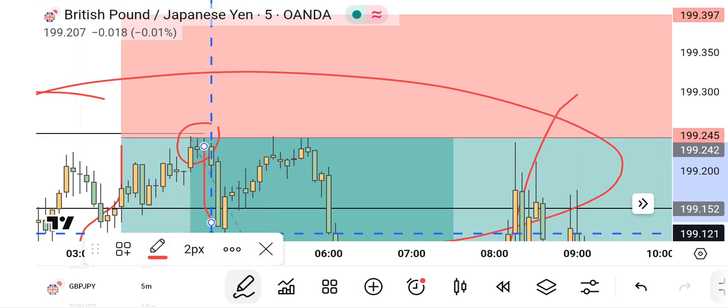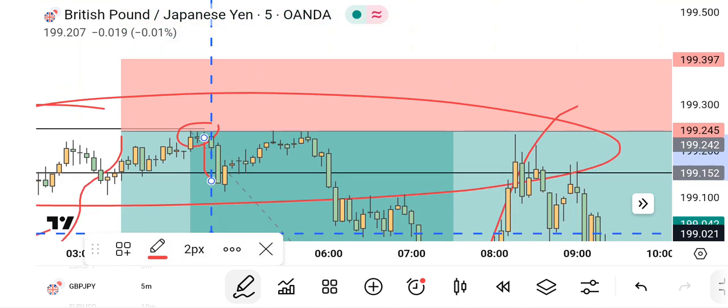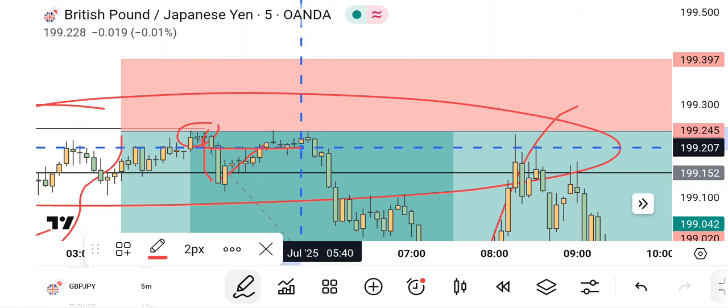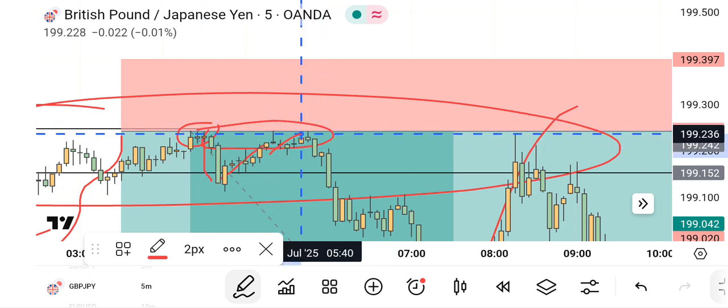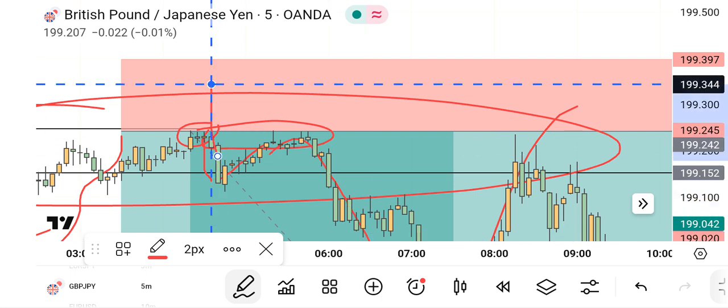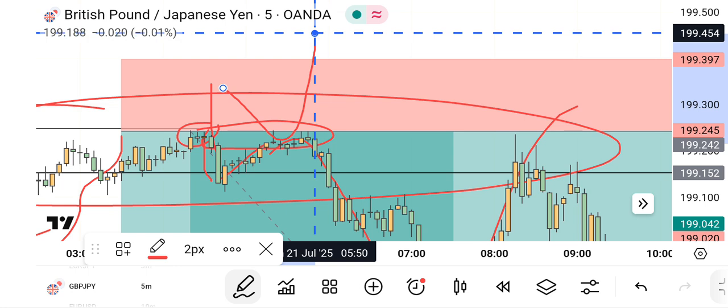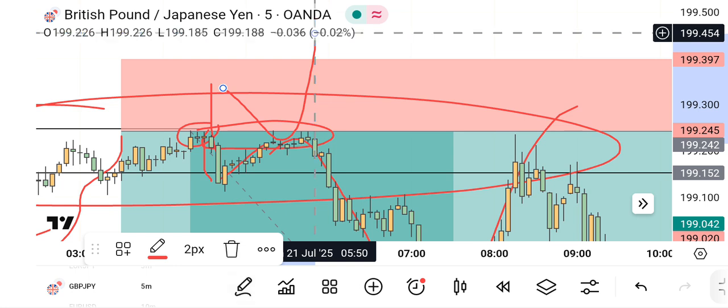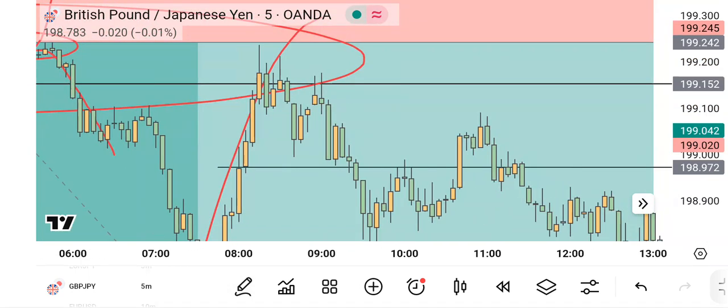You should be expecting the price to come back to that zone before the actual drop. Price came down to this zone again, then started dropping. And assuming the price went up, you should be expecting the price to come down to this zone before the actual push up. So that was how I got my entry for that.